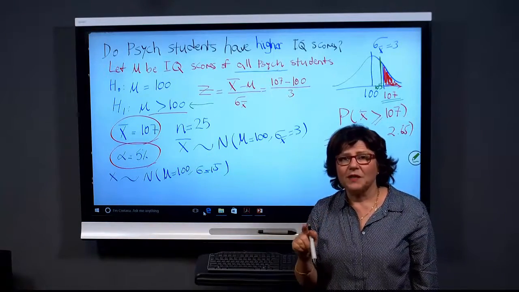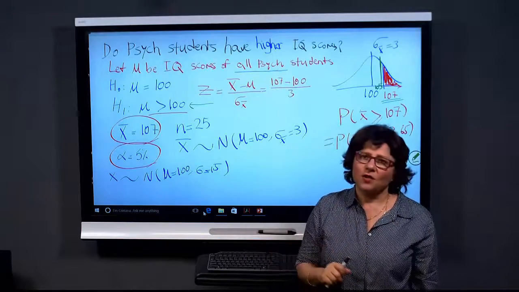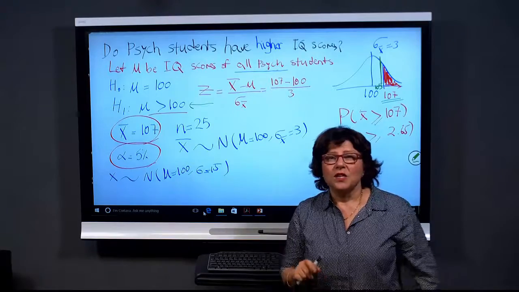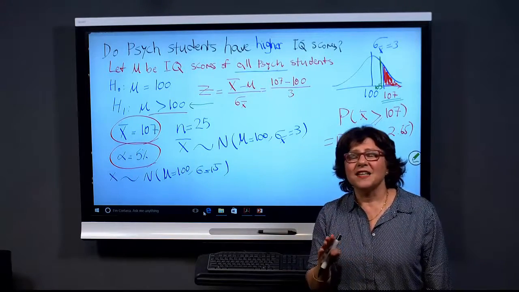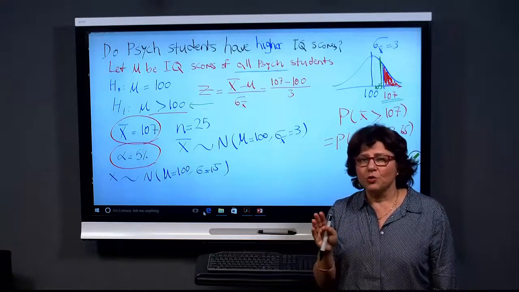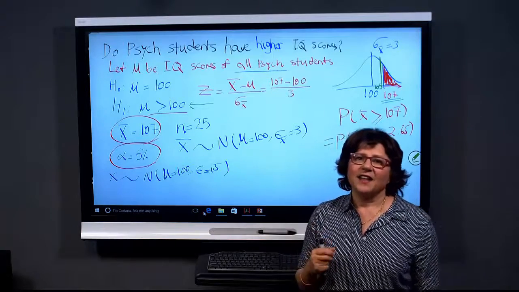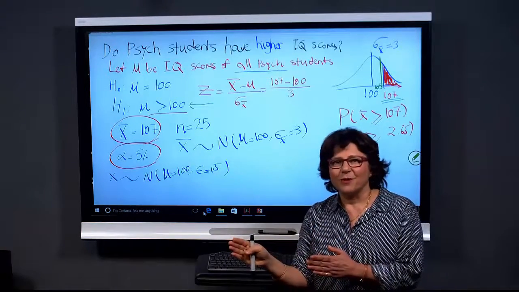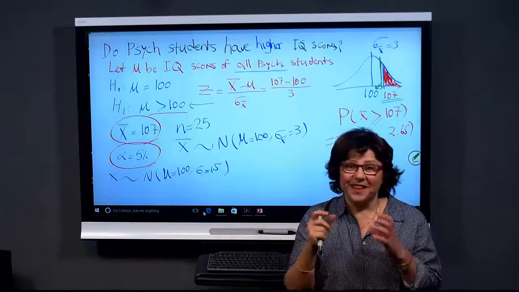And if that probability is less than the significance level, we reject the null hypothesis. If you remember from the previous video, we said the probability of z greater than 2 was about 2%. So this would be even less than that, and it would be less than 5%. All right? So you have to think about these things a bit more to get it.